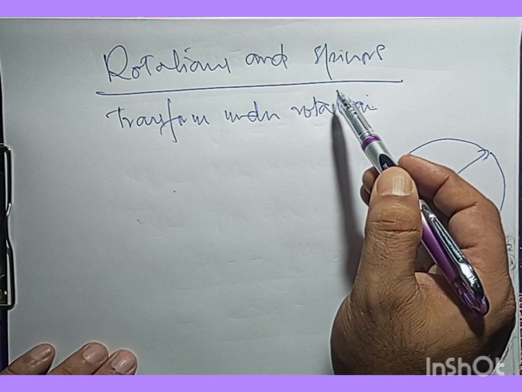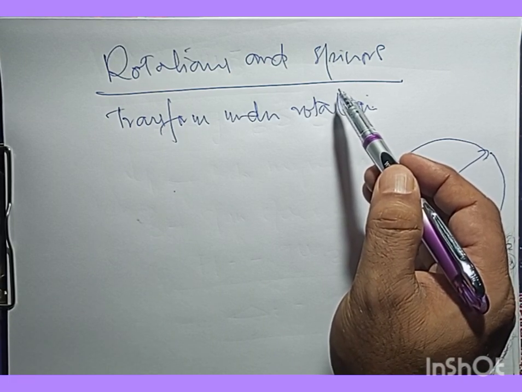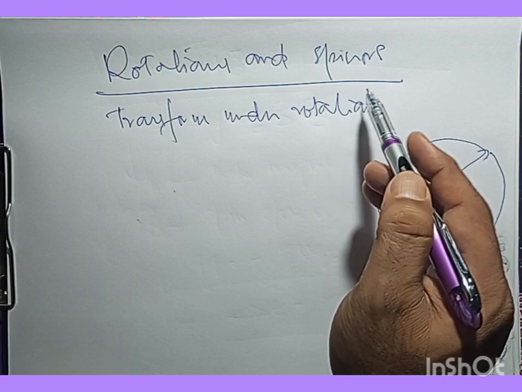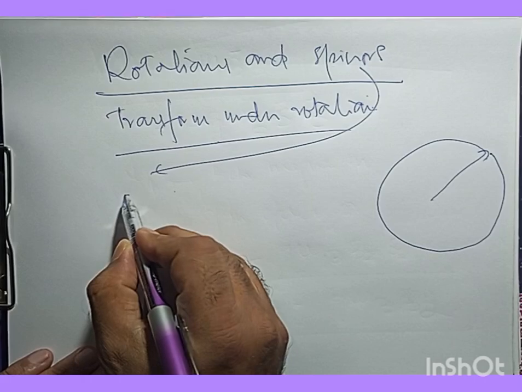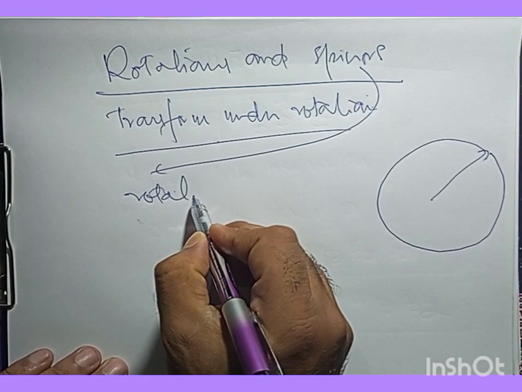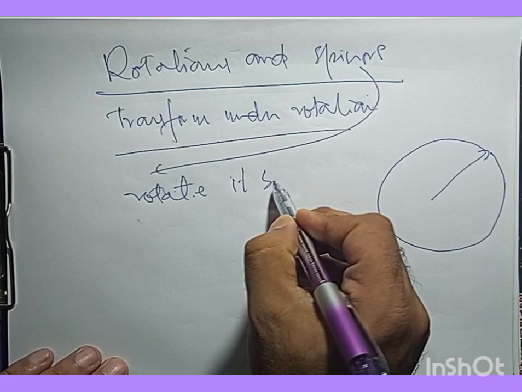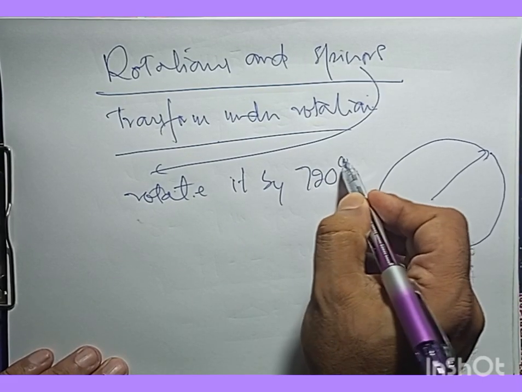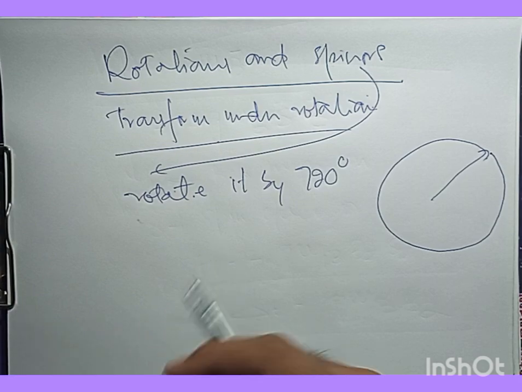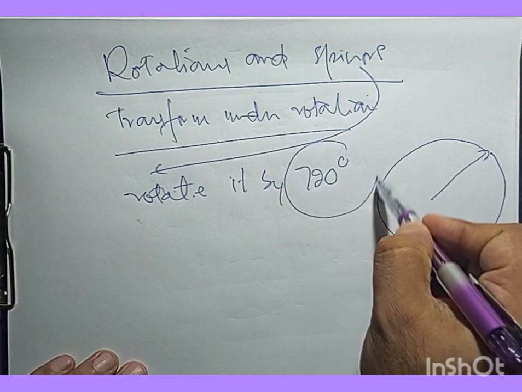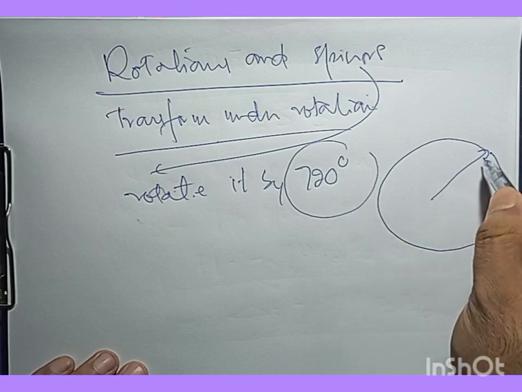This spinor actually changes sign when you rotate it by 360 degrees, and that means only after a 720 degree rotation does it return to its original state.